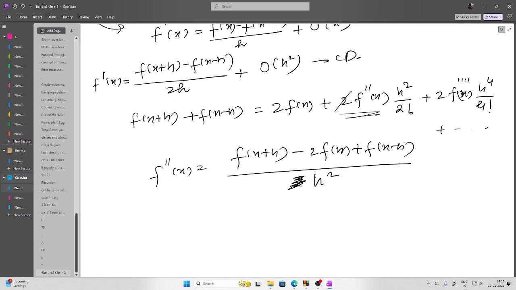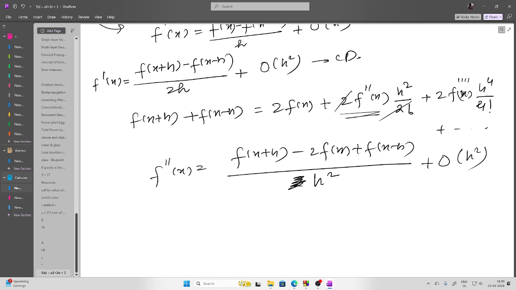Because this will get cancelled out, the terms which are remaining are of h square divided by h to the power 4, so it will be of h square, because the rest will be h to the power 4, h to the power 6, and so on. So the highest order term is of h square. Therefore this is again order of accuracy h square.